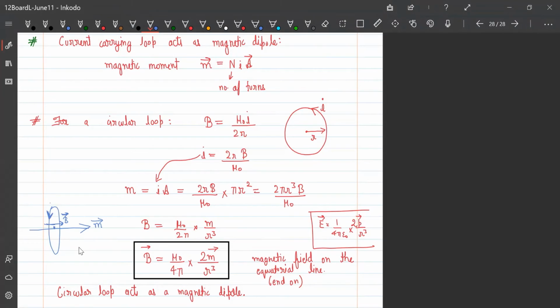And this is the reason that the hydrogen atom and many atoms act as little dipoles. In the chapter magnetism and matter, we'll understand how these little dipoles can add up their magnetic fields to generate permanent magnets. Very interesting phenomenon.